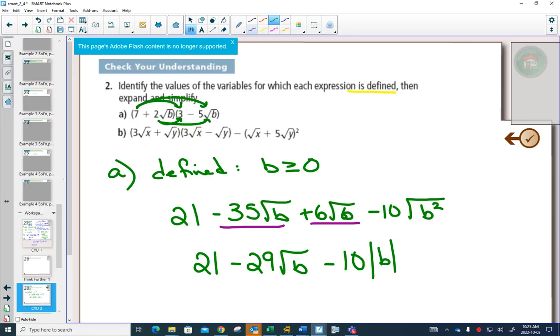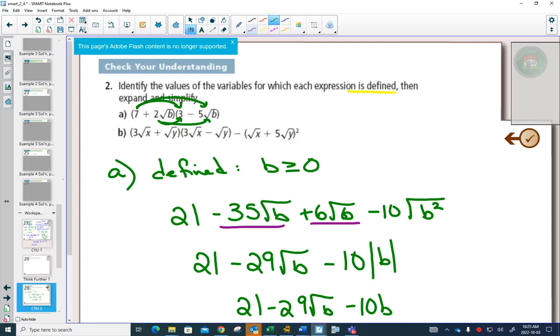However, since b is already positive, it's okay, in this case, just to write b without the absolute value bars, because the absolute value bars make anything positive. But since b is defined to be only positive to begin with, you wouldn't have to write the absolute value bars.